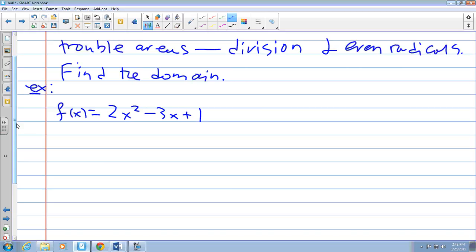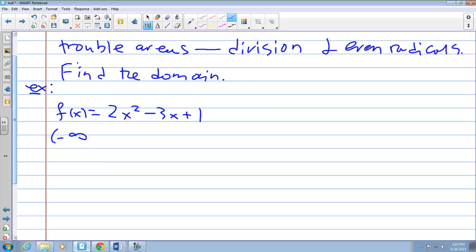What is the domain of that function? All real numbers, right? There are no trouble areas. There's no division. There's no possibility of dividing by zero. There are no square roots or anything like that. So all real numbers, right? That's a lot to write.